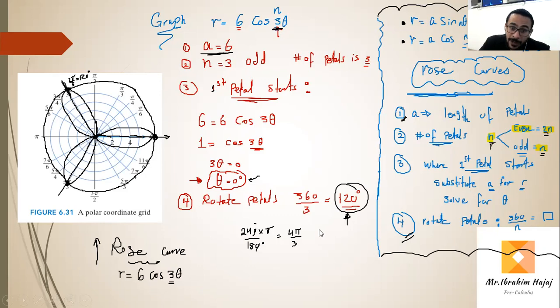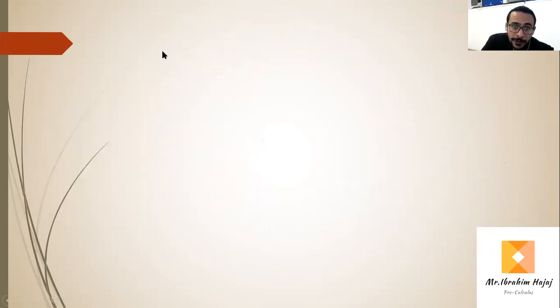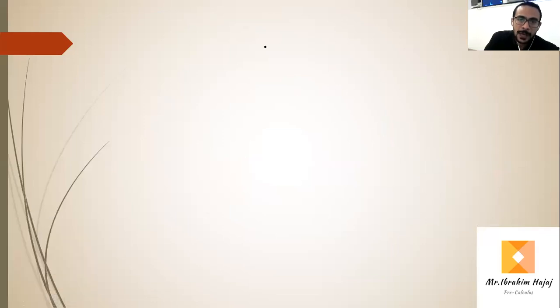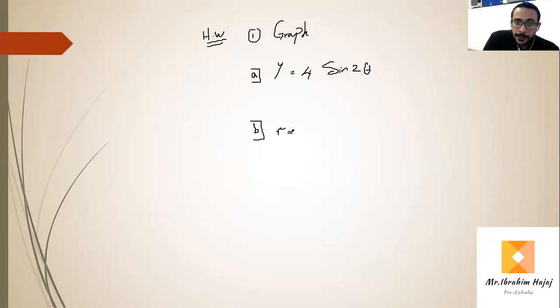When you graph, guys, I would like you to try to graph these equations and send me the answers as homework. Your homework: letter A, graph R equals 4 sine 2 theta, where n is even. Letter B, graph R equals negative 4.